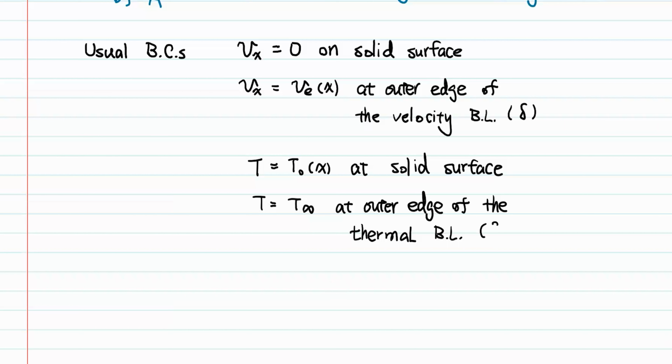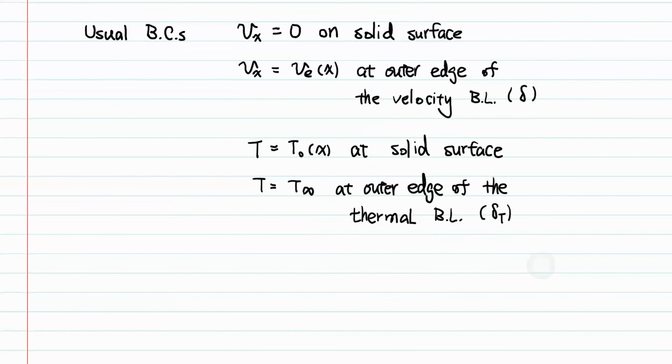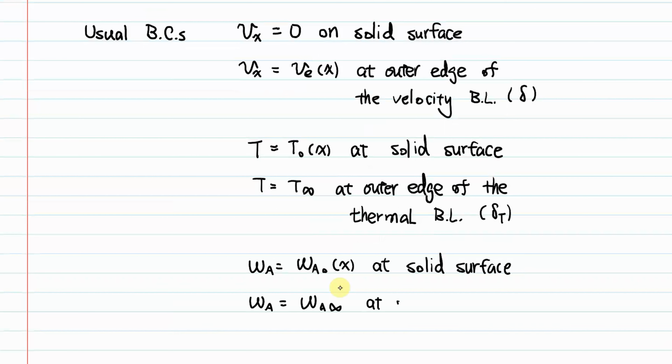Typically we use delta sub T. Okay, and then finally we have the concentration or mass fraction. So W sub A equals to W sub A naught of x at solid surface. And equals to some infinite value at outer edge of the diffusion boundary layer.